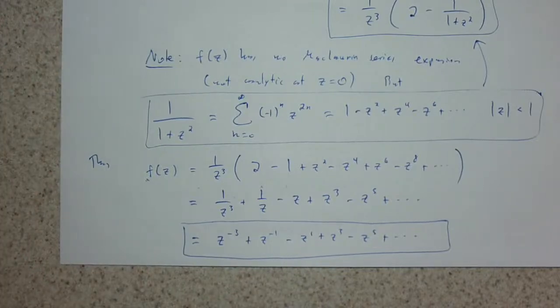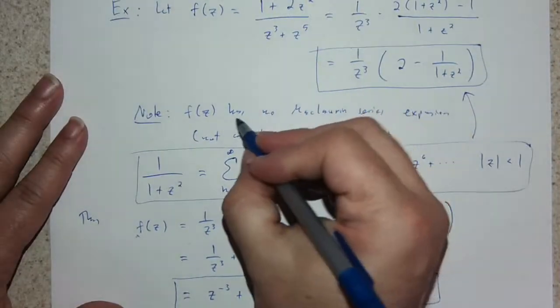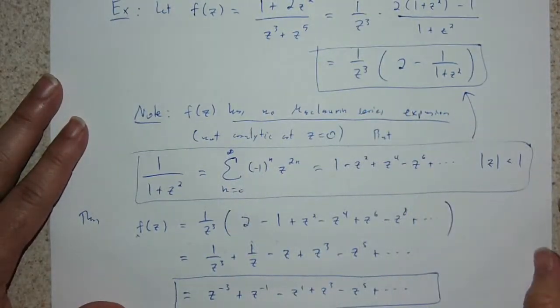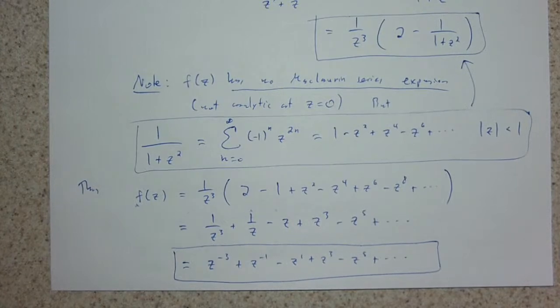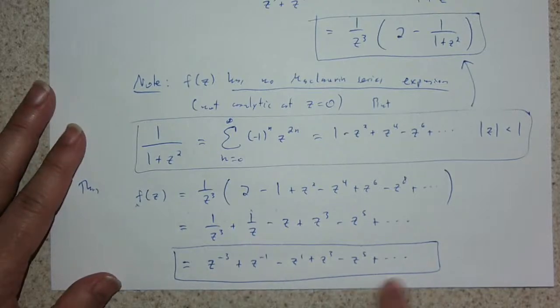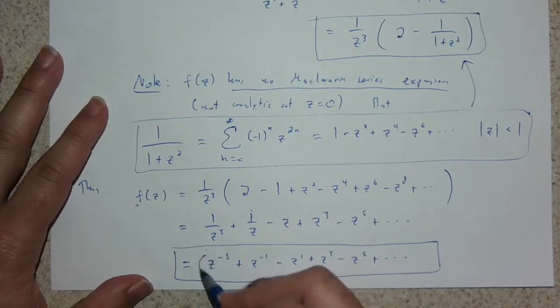So this thing has no Maclaurin series expansion. But what we did write is an expansion for f about 0 that is kind of like a power series, but there are these negative powers.